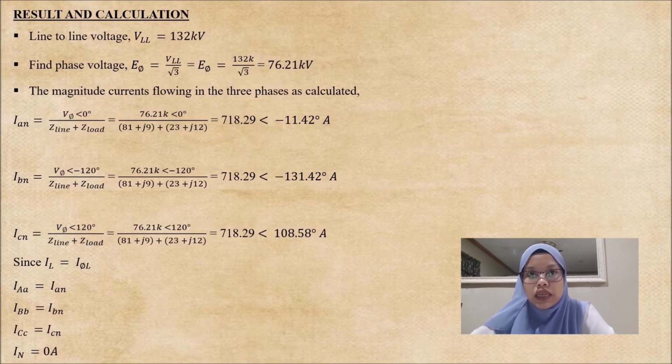Since line current is equal to phase current, IAA is equal to IAN, IBB equal to IBN, and ICC is equal to ICN. For neutral, current IN is equal to 0 since it is the total of the line currents in the system.